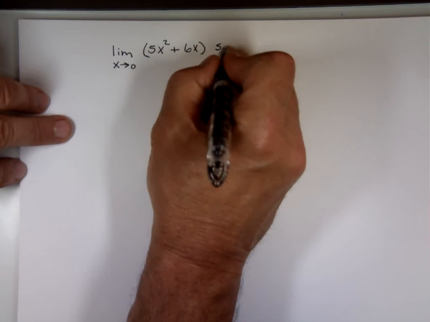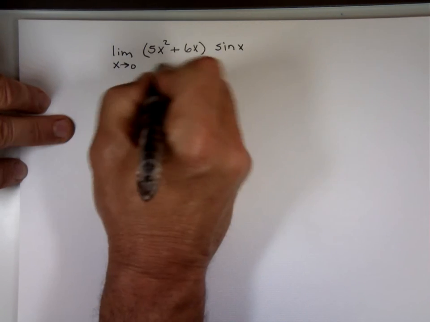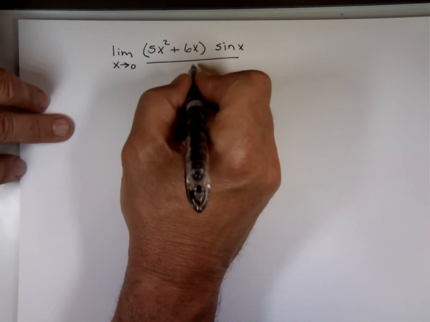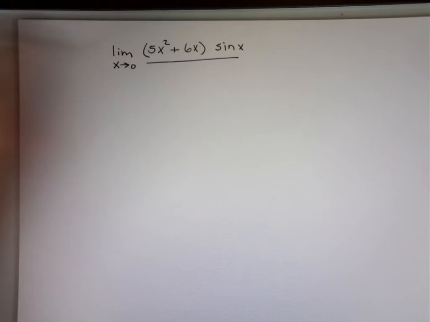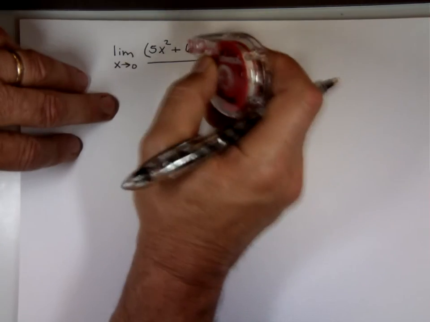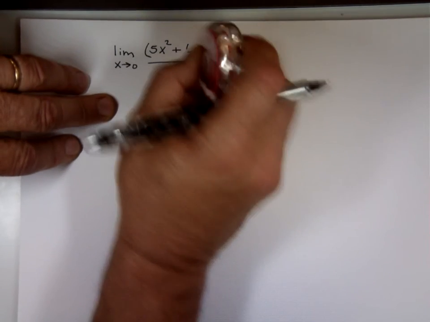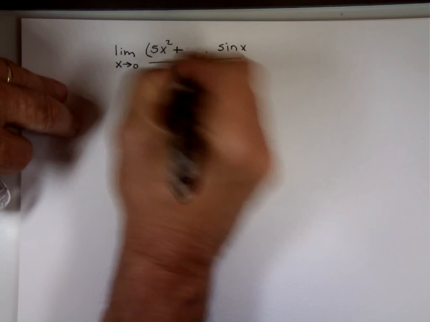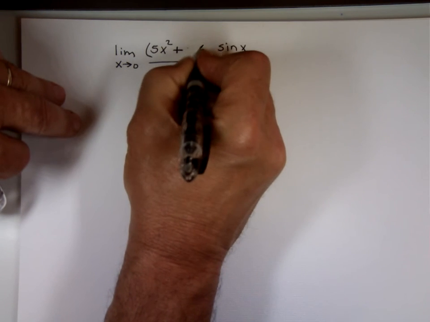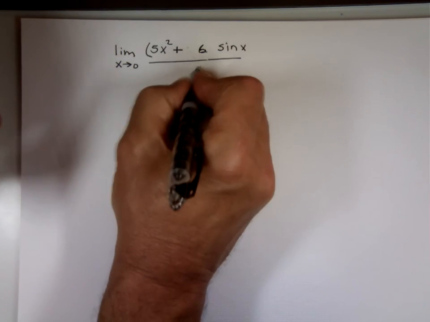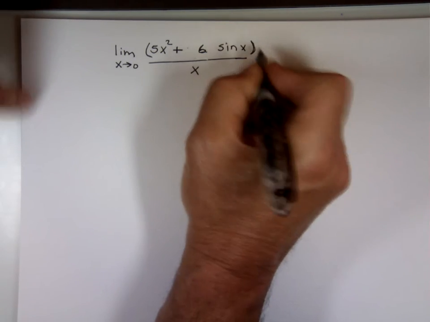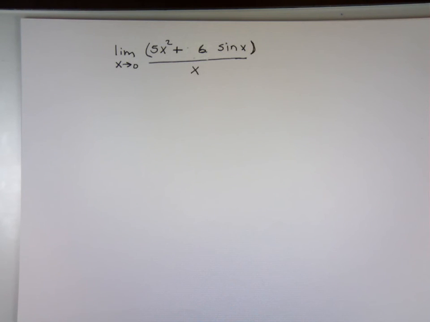That wasn't for addition actually, it was for multiplication. I didn't mean to do that. Okay, let's do this. I'll come back to this one. I like that problem I was thinking about, but I'll come back to it. I'll put a number here: 6 sine of x over x. I had a different problem in mind. I'll come back to it.